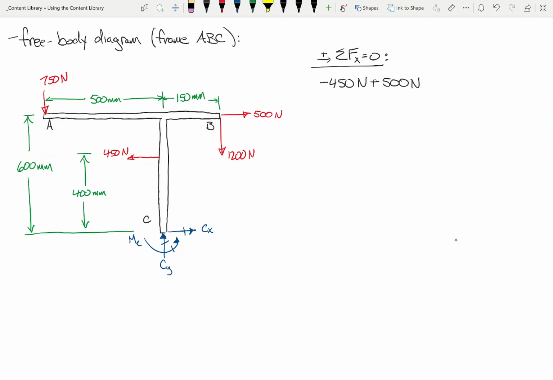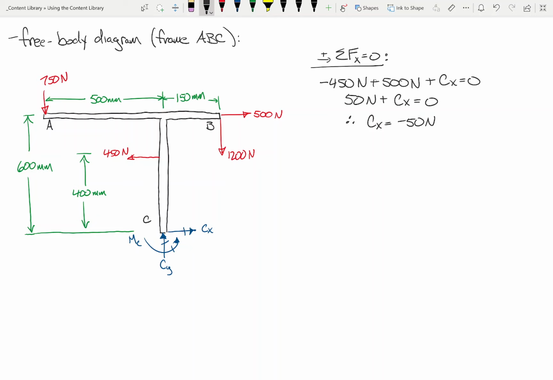And down here, I don't need to consider the MC. I don't need to consider the CY, but I do need to consider the CX. And there's my equation of equilibrium. So just solve it out. I've got negative 450 and 500. So CX is negative 50.